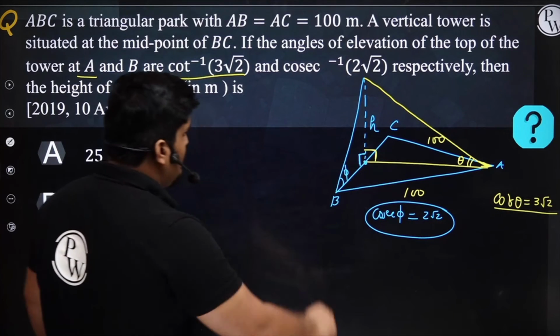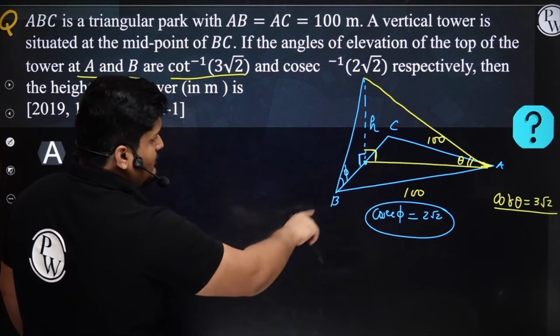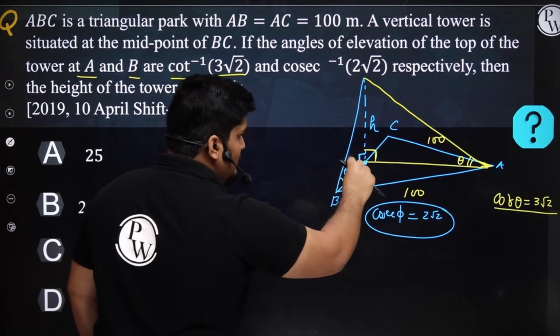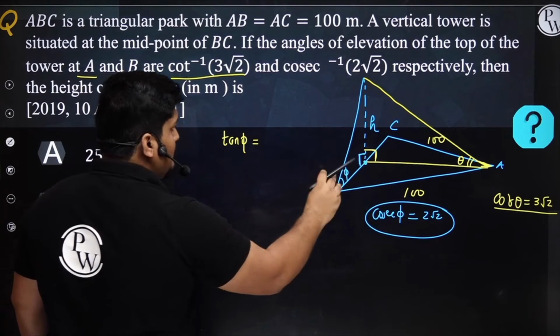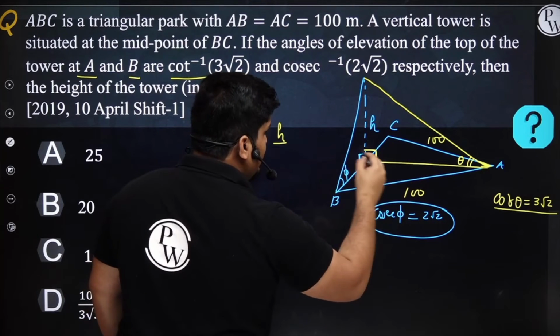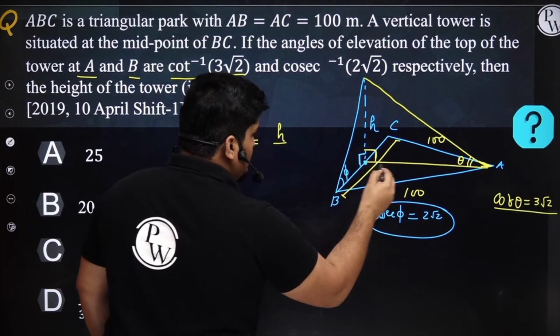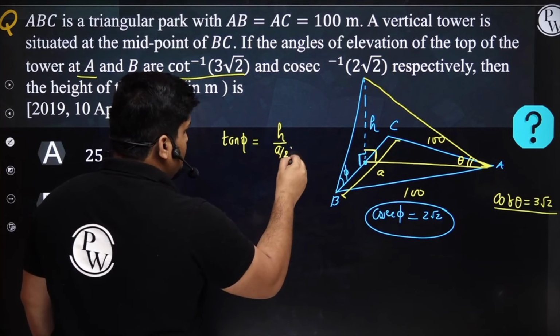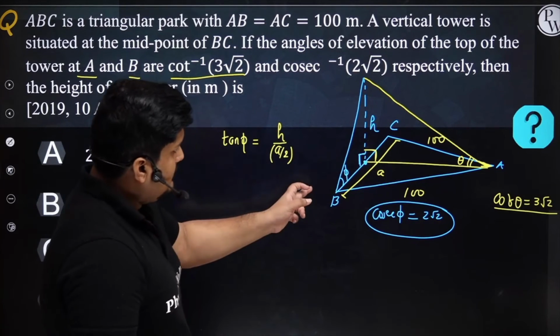So here, cosec phi is given, right? If it is cosec phi, I'm going to use tan phi here. So tan phi will be equal to h upon, let's say BC length is A, so h upon A by 2. Correct? Fine.